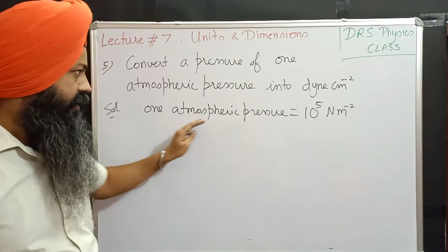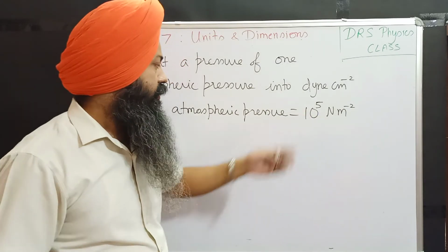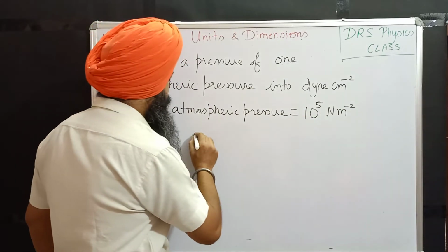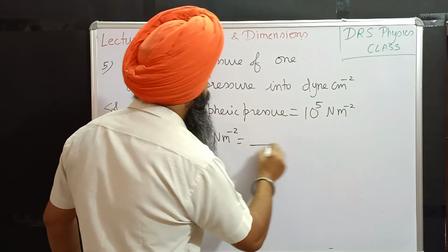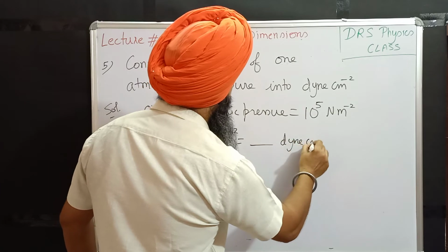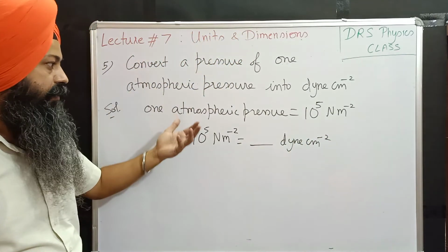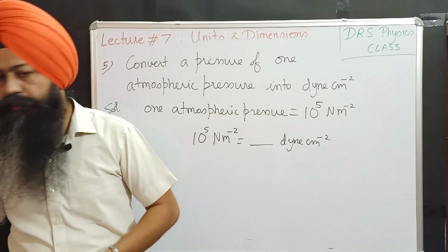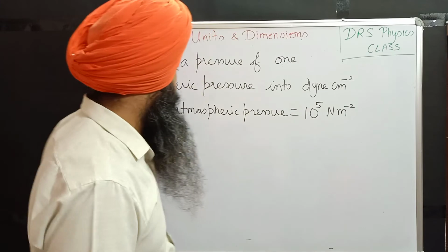If this would not be so, I could have written: 10 raised to power 5 Newton per meter square, convert it into dyne per centimeter square. But the problem has come in a tedious manner. So you have to remember this value. It may be required at some places.